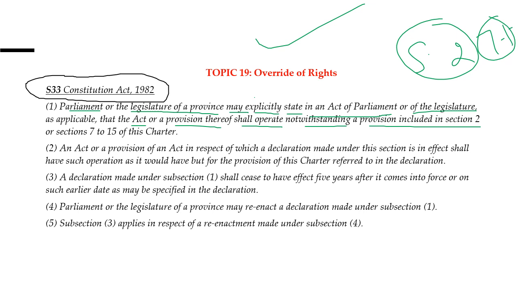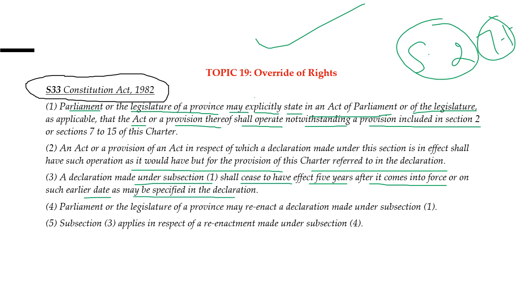An act or provision of an act in respect of which a declaration made under this section is in effect shall have such operation as it would have but for the provision of this charter referred to in the declaration. A declaration made under subsection 1 shall cease to have effect 5 years after it comes into force or on such earlier date as may be specified.